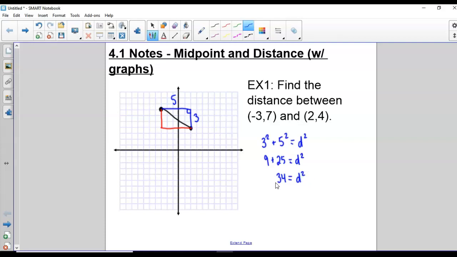There. And then, Aiden, how do we get rid of a square? Not divide. The square root. Square root. So we'll square root. Square root's kind of a type of dividing, but yeah.